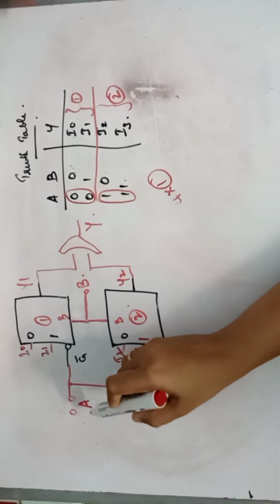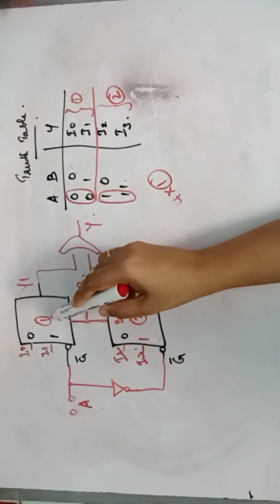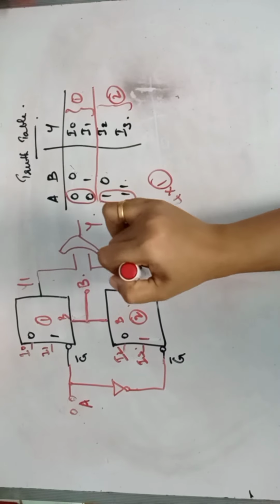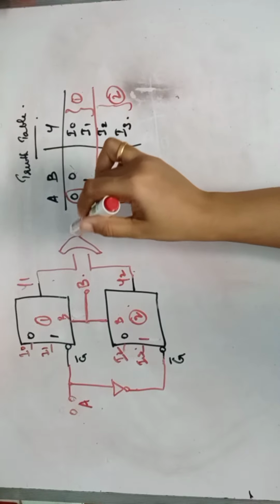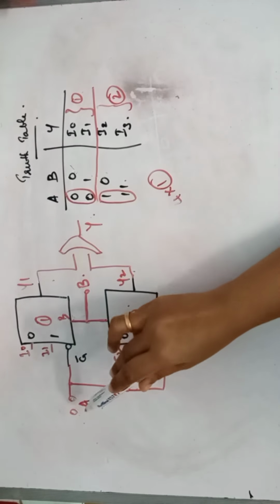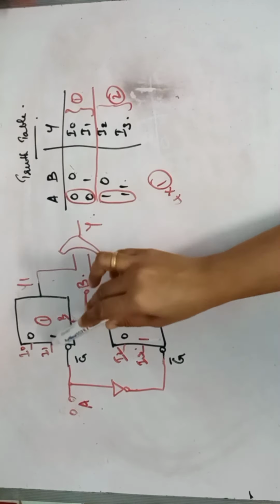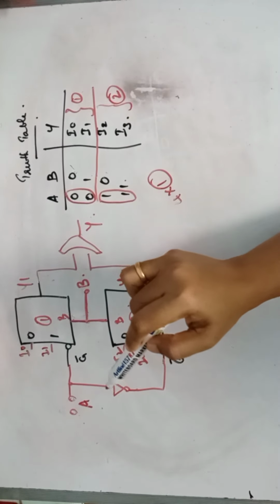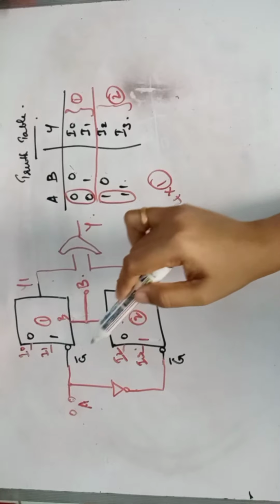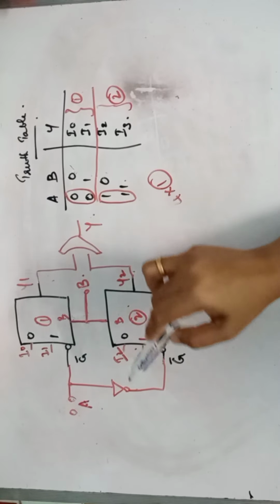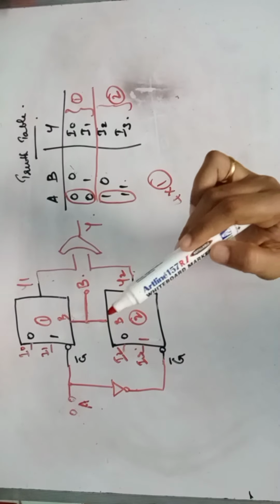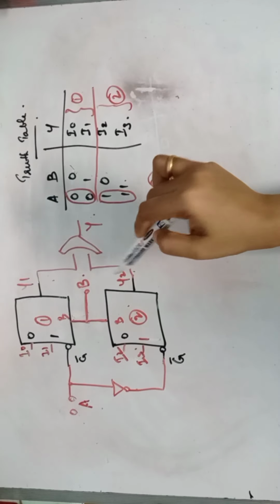Okay. So A 0, B 0 means this IC is selected, I0 comes here. Here there is nothing. So that I0 comes to Y. A 0, B 1 means I1 comes to Y1 and that comes to output. A 1, B 0 means first IC is not selected, second IC is selected, and I2 is selected to Y2.